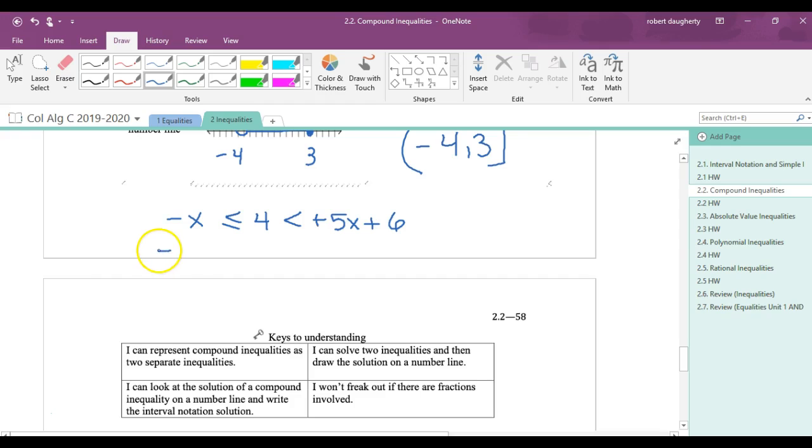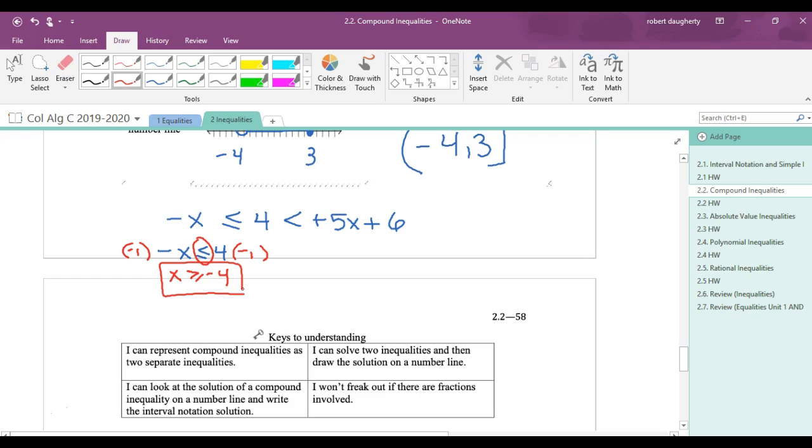First problem, negative x less than or equal to 4. What do I have to do on this one? Multiply or divide by -1, doesn't matter which one. So the minute I multiply or divide by -1, this has to change, right? So this becomes x greater than or equal to -4.